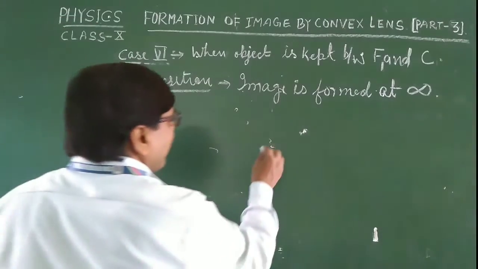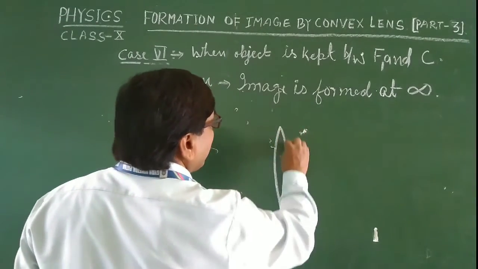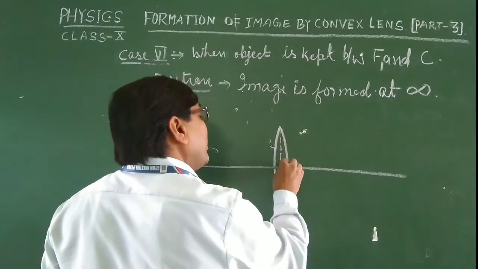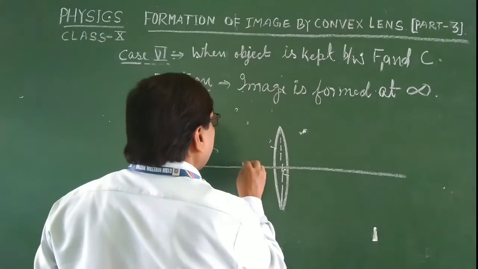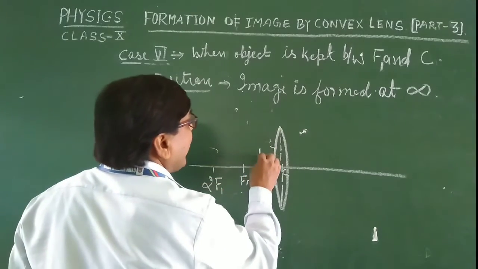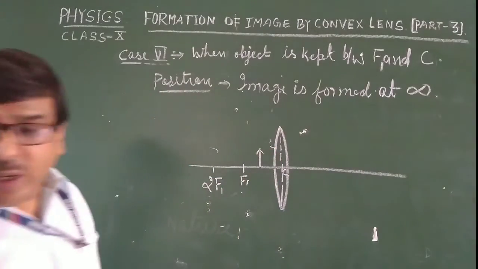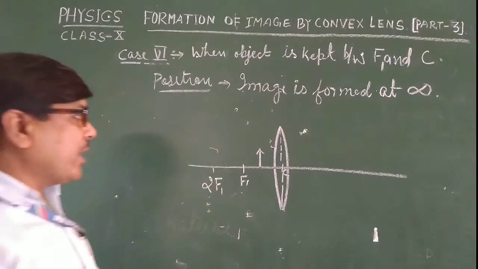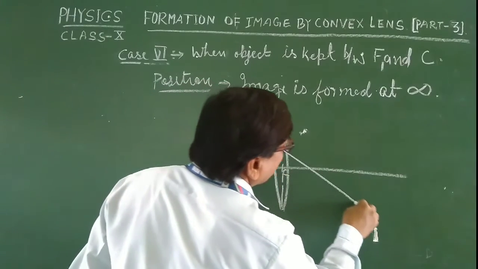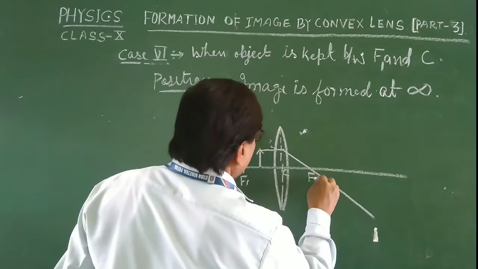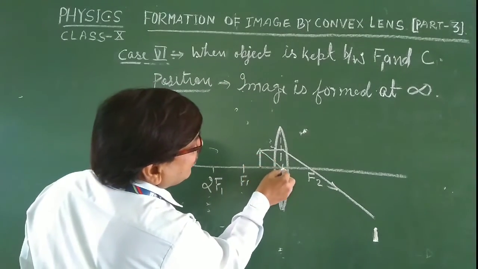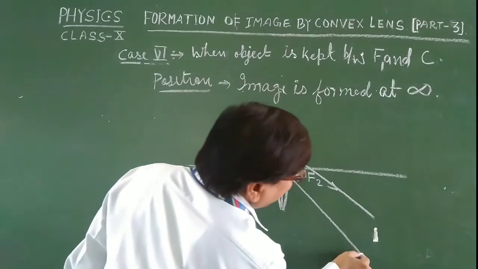We will discuss here. Try to draw the convex lens. This is the optical center, this is F1, this is 2F1, and the object is kept here. After refraction, the ray passes through the focus F2 on the other side, and the next ray passes through the optical center.